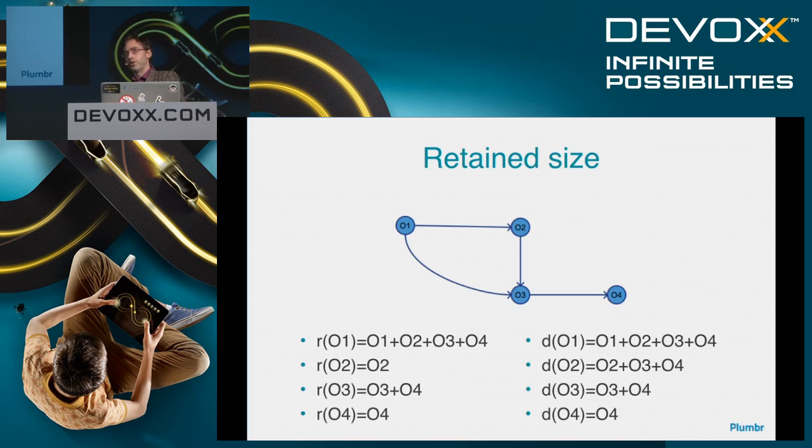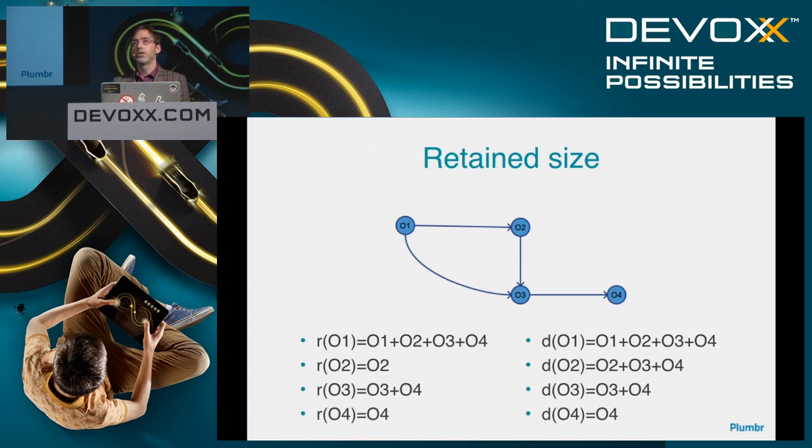The retained size of the object is the size of the subgraph that could be garbage collected if that object is thrown away. So if we throw away O2, for example, so the garbage collector decided that O2 is garbage and throws that away, then nothing else happens.